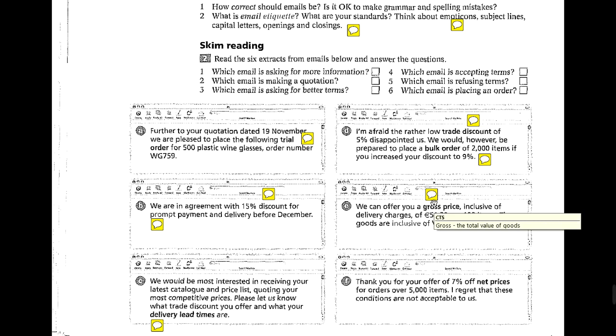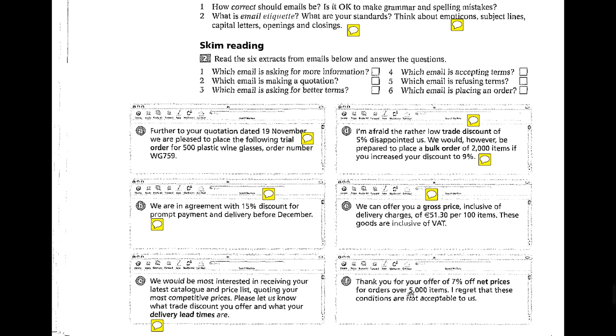It means the total value of a good. So gross price. Here you also have the word VAT. In Albanian it is the word TVSH-ja, that you pay for every product. VAT. VAT.